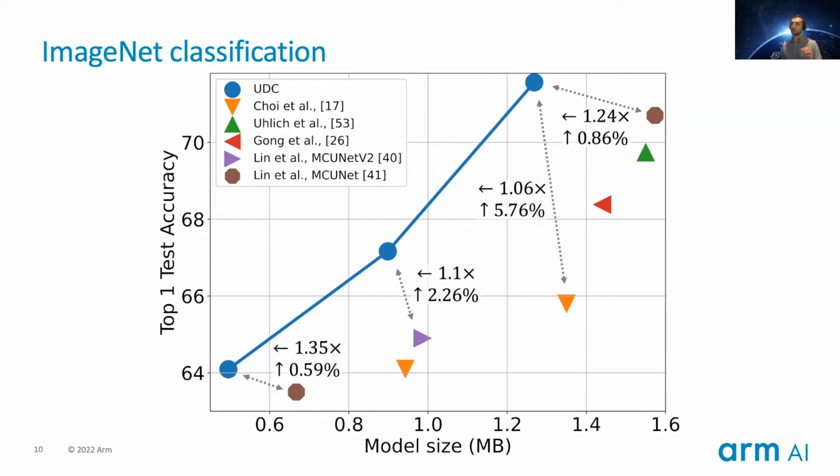And I'm comparing our results to a bunch of other results in the literature in a model size versus accuracy Pareto. Our models are in blue, and you can see that our models are more accurate and smaller than all of the existing approaches out there, where the existing approaches include a mix of different methods that do anything from neural architecture search to quantization to weight compression, or a mixture of all those things.